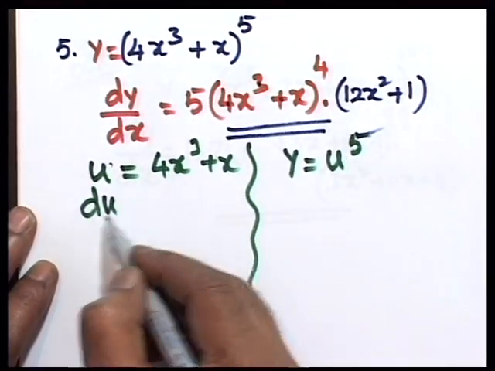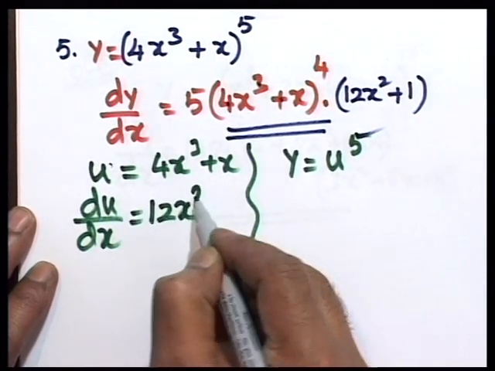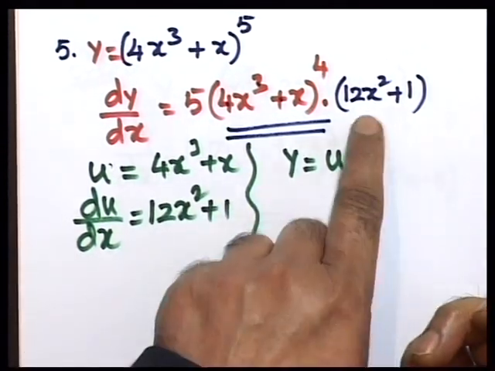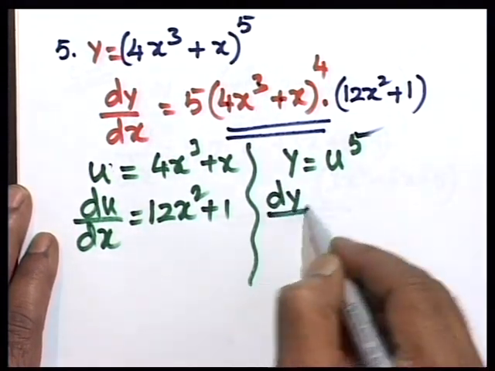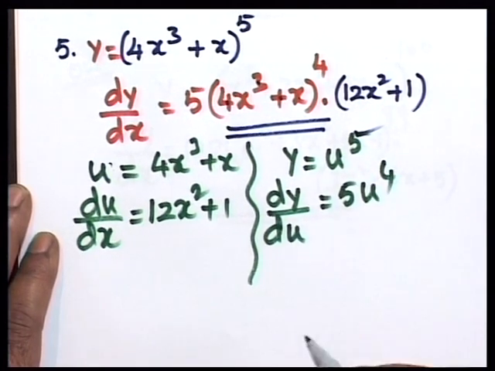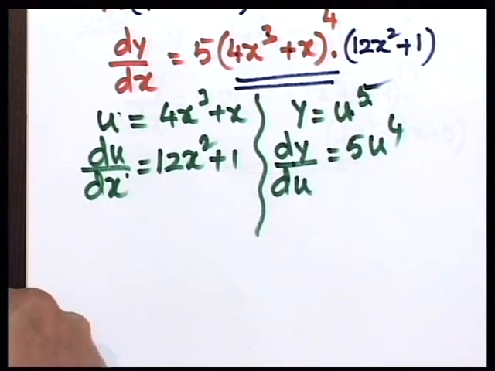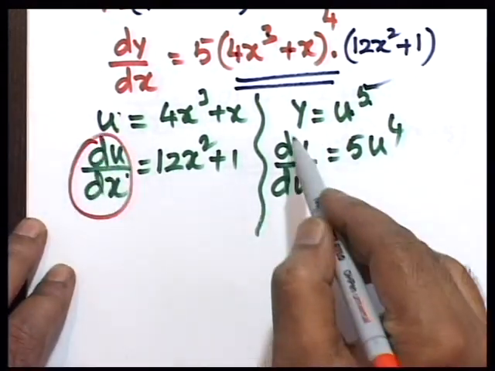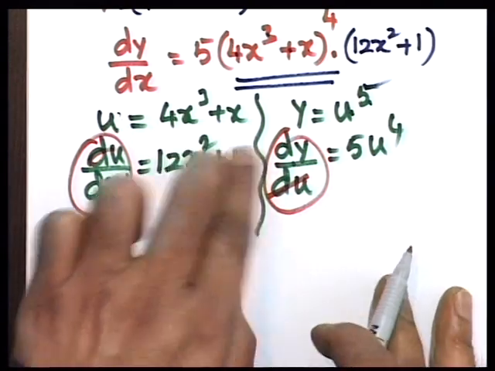And that is du over dx is equals to 3 times 4, 12x squared plus 1. So that's what we do have here. And this one, if you differentiate with respect to u, we have 5u to the power 4, because that's u to the 5. Then we multiply those two, right? Remember, we times those two so that the du's cancel out. Means we simply times those two.